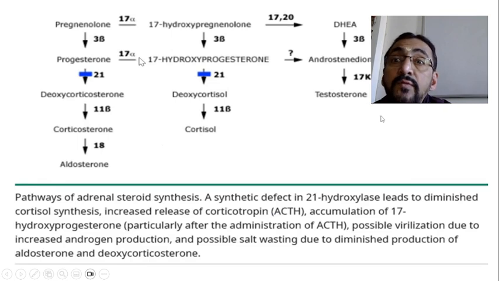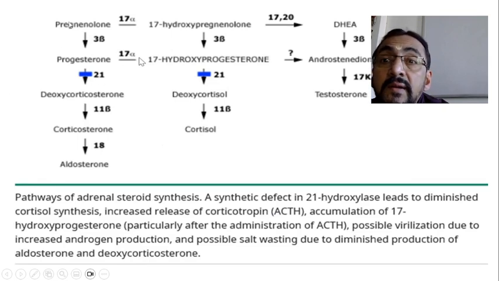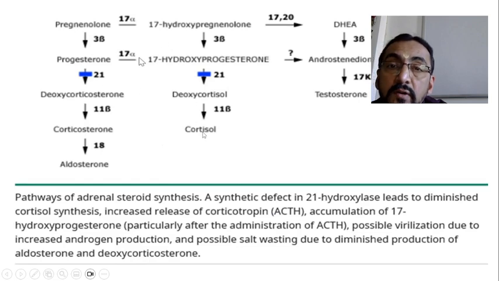But if you see, the first steps are very important. If pregnenolone and progesterone are not there, then none of the steps are possible. If the pregnenolone and the progesterone are not there, aldosterone cannot be formed. If these two are not there, cortisol cannot be formed. If these two are not there, again testosterone and estradiol are not formed.